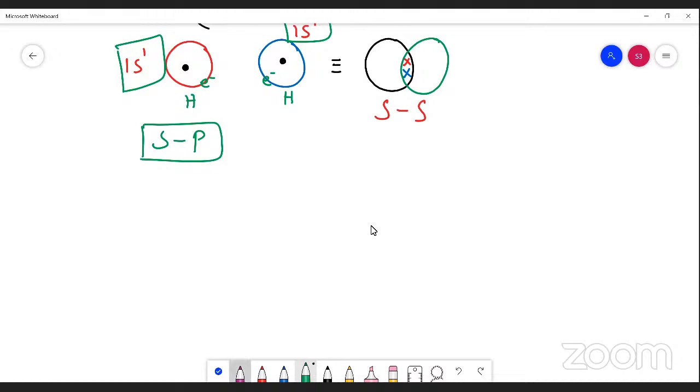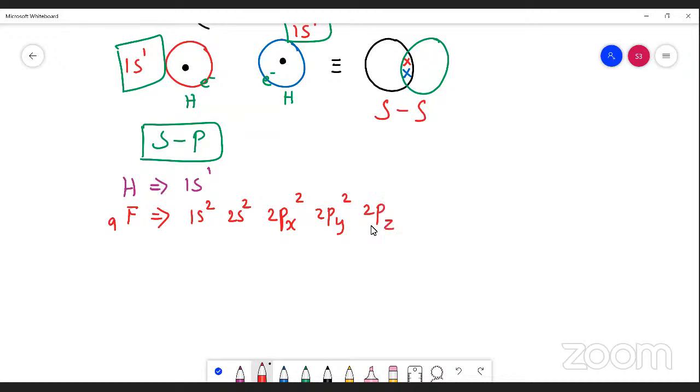We know that hydrogen has the valence electronic configuration 1s1. For fluorine, the atomic number is 9, but for the valence electronic configuration you take only 2s2 and 2p5, so 2px, 2py, 2pz1.